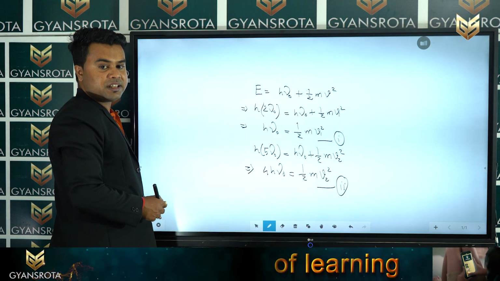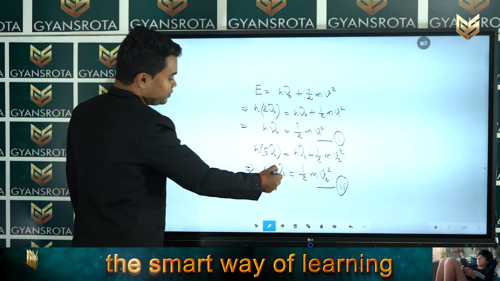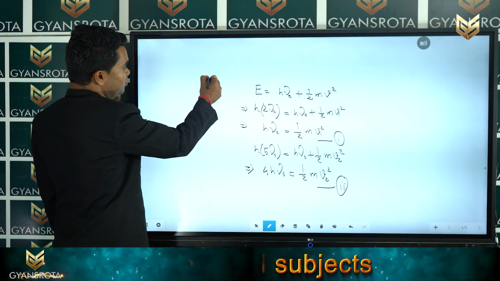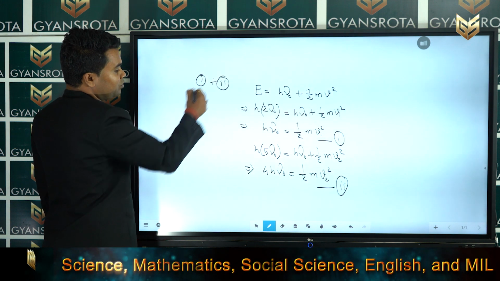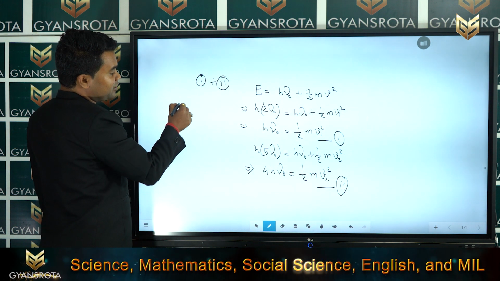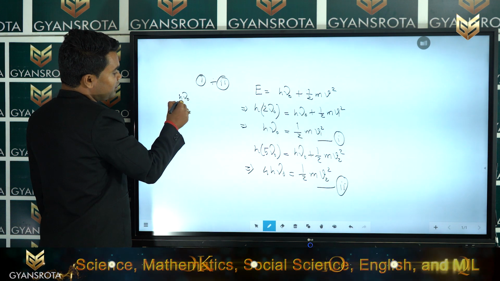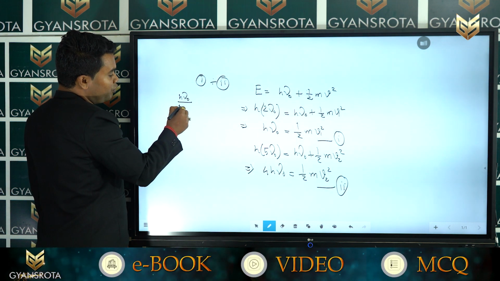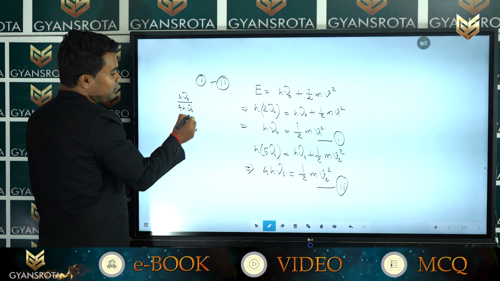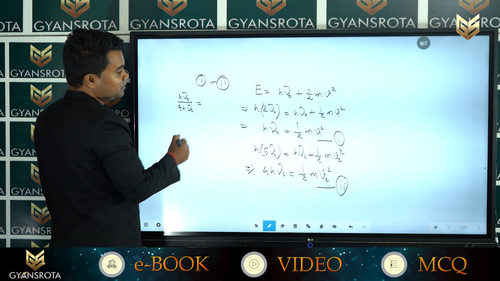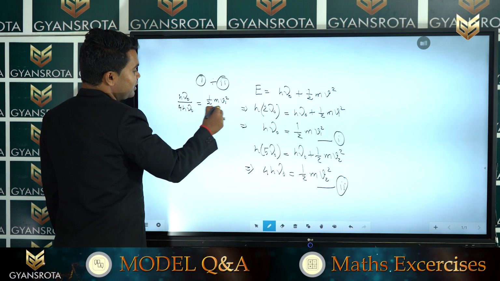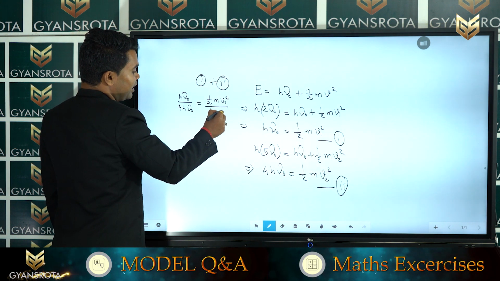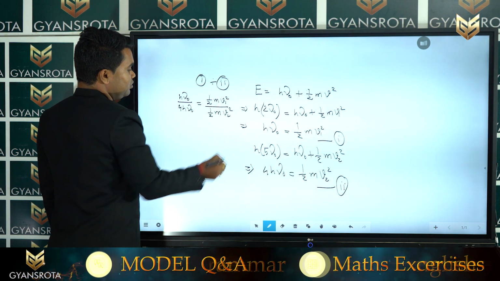Now you have to calculate the ratio of v1 and v2. Now divide 1 by 2. What will you get? On the left hand side you have h mu naught divided by 4 h mu naught, which will be equal to half m v1 square divided by half m v2 square.